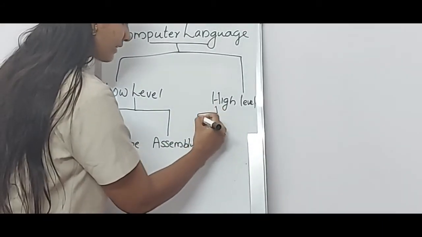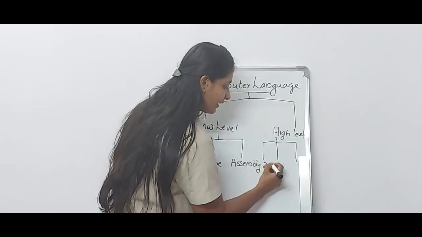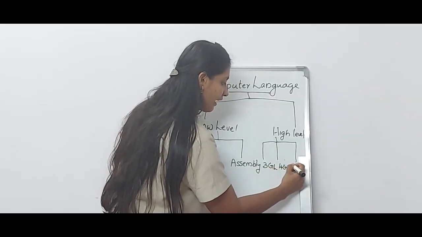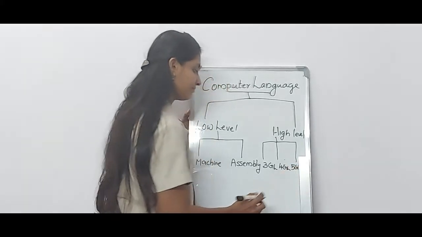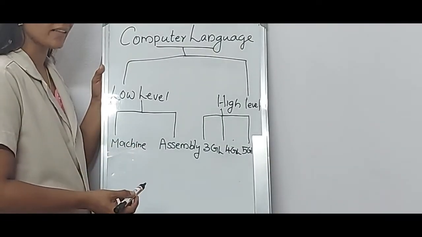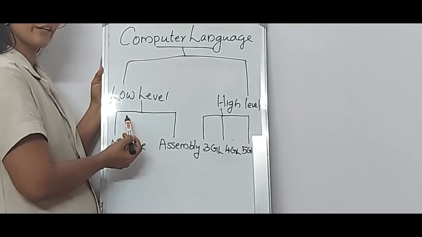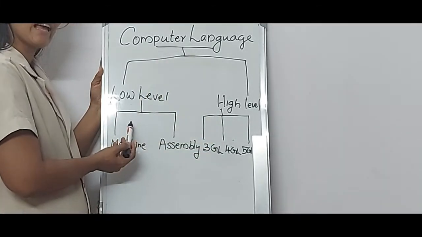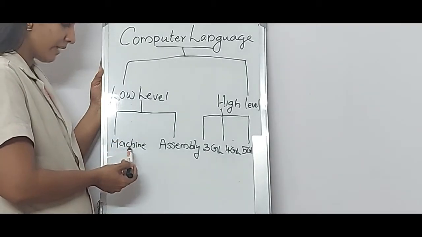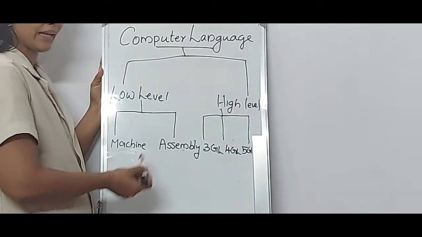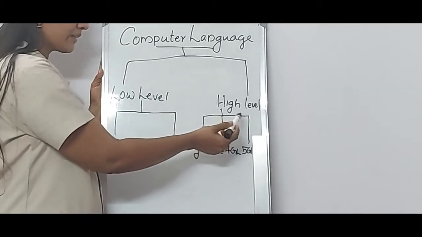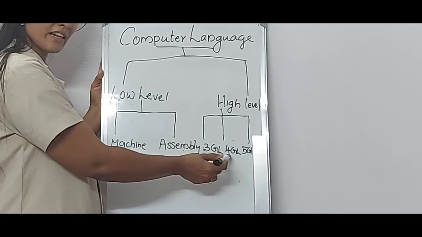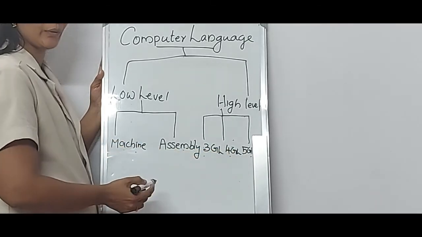High level language is classified into three types: third generation language, fourth generation language and fifth generation language. So these are the computer language classifications.